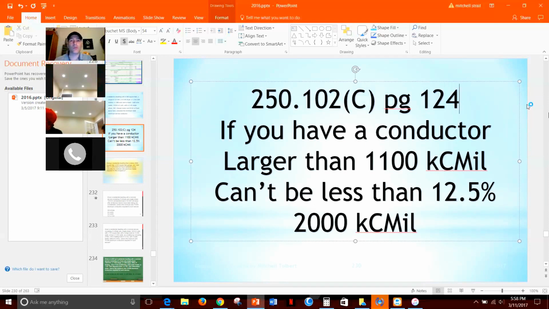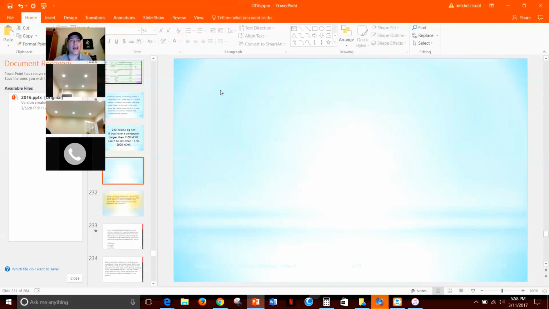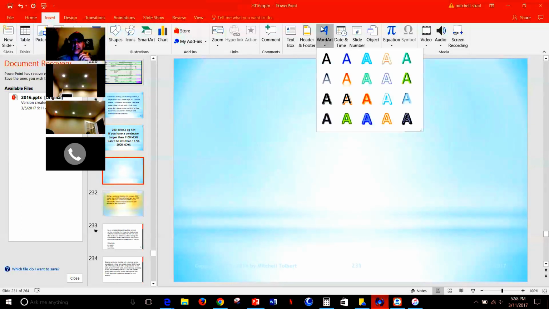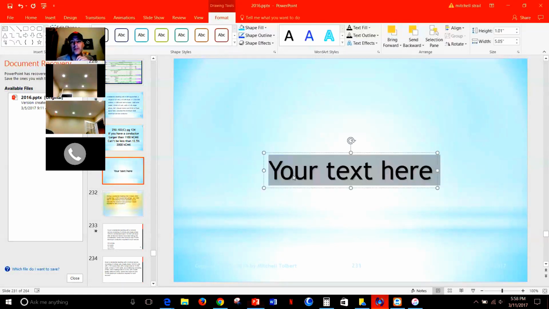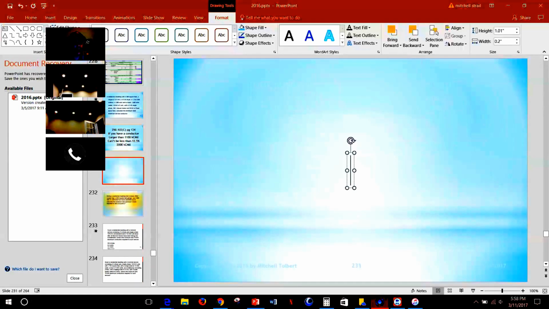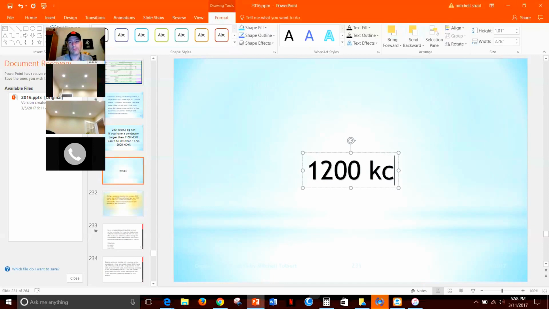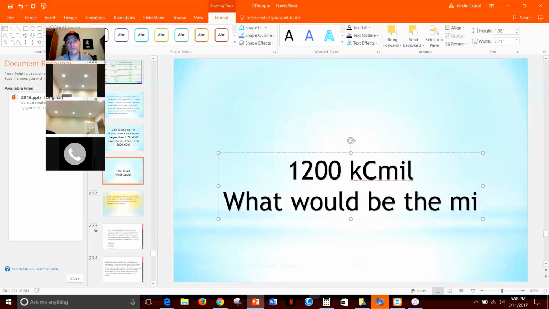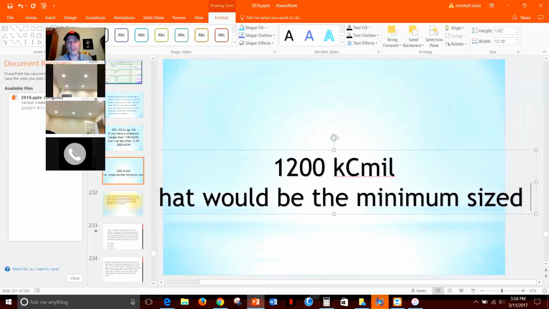Let me give you an example question real quick, just to see if you can make sense of this. If I had a conductor sized as a 1200 kcmil, what would be the minimum size neutral conductor?